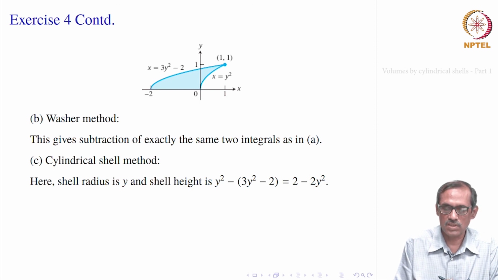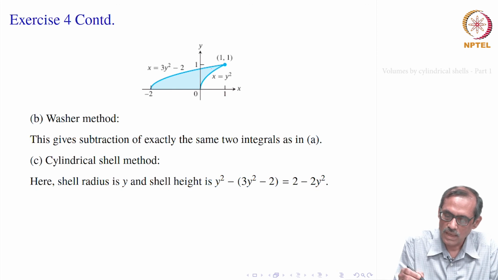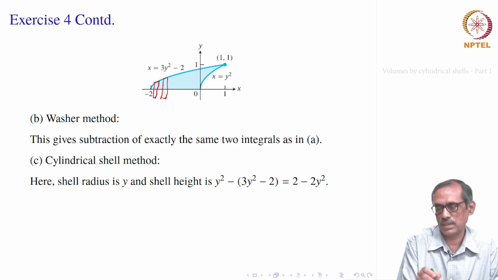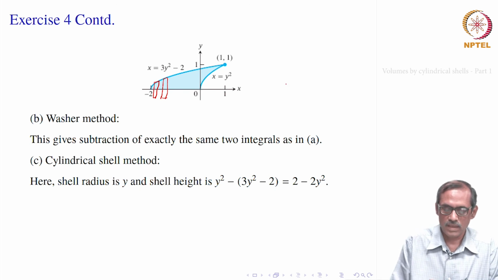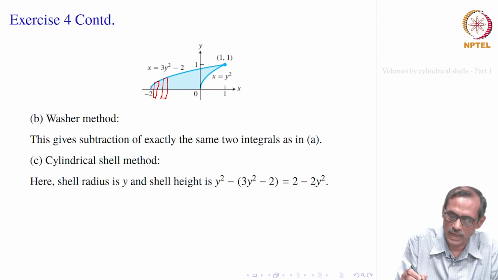Now, you go for the cylindrical shell method. In cylindrical shells, the region is approximated by cylinders of this type, and we sum those cylinders. It is the other way around. Since it is revolving around the x axis, you have to express everything in terms of y. Take any y.